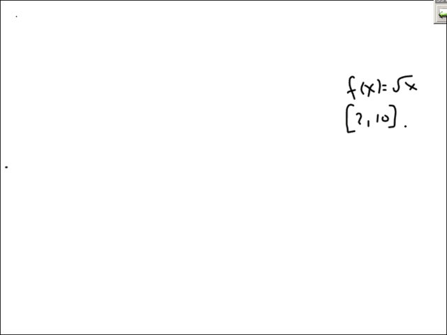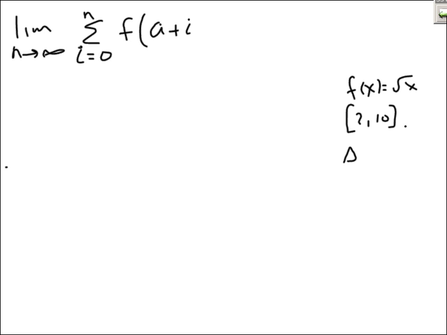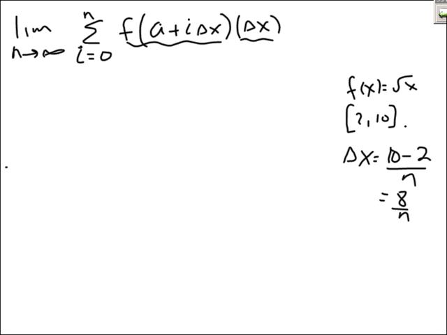So the formula is the limit as n goes to infinity of the summation as i goes from 0 to n of f of a plus i delta x. Well, delta x is going to be b minus a over n, 10 minus 2 over n, or 8 over n. It's going to be i delta x times the base. This is the height, that's the base.